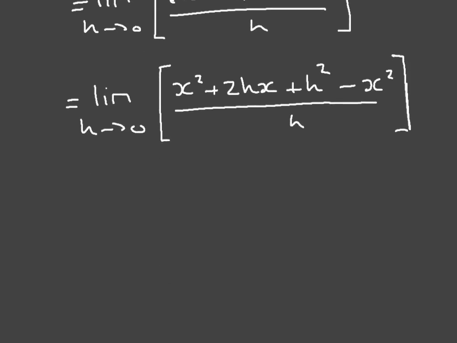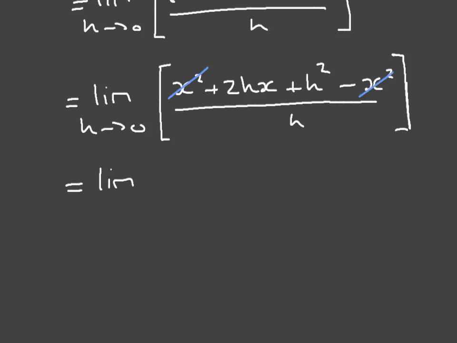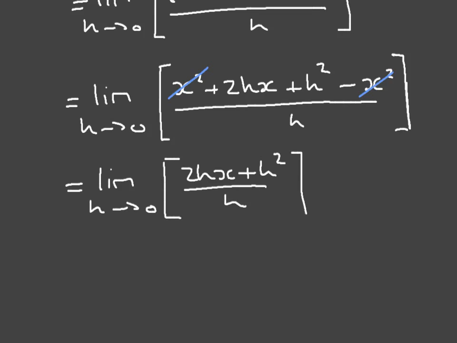And we can simplify this a bit. We can see that we have an x squared here and another one here which is being subtracted, so they cancel out. So this is going to be equal to the limit as h tends towards 0 of 2hx plus h squared divided by h. And again, we can simplify further.